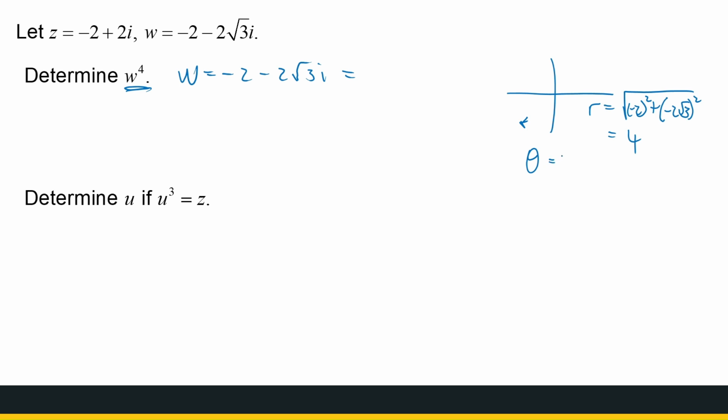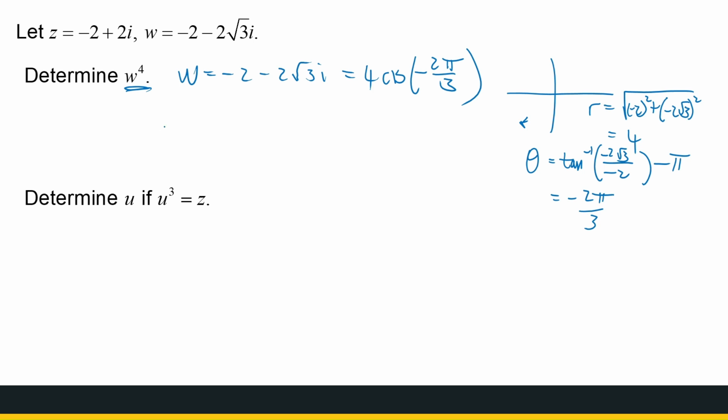And theta is arctan of b over a, so it's minus 2 root 3 over minus 2, minus pi to get the principal argument in the third quadrant, and that is minus 2 pi over 3. So w is 4 cis minus 2 pi over 3.